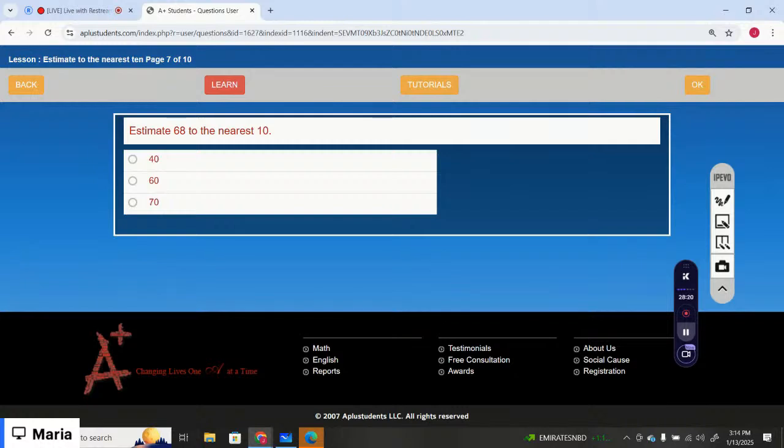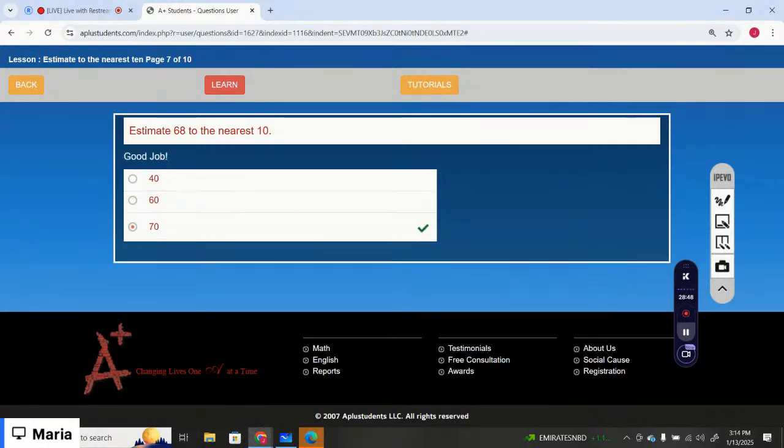Estimate 68 to the nearest 10. So, which is the correct option? 68 is estimated to 70. The correct option is 70.